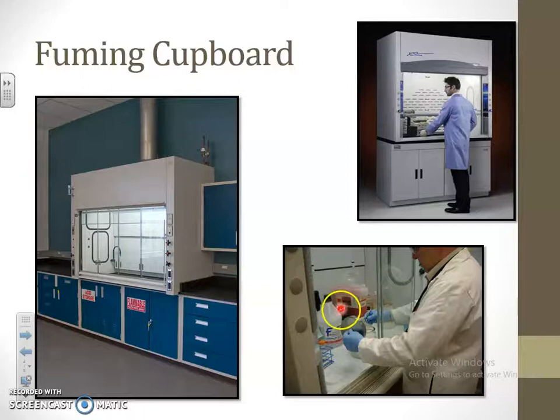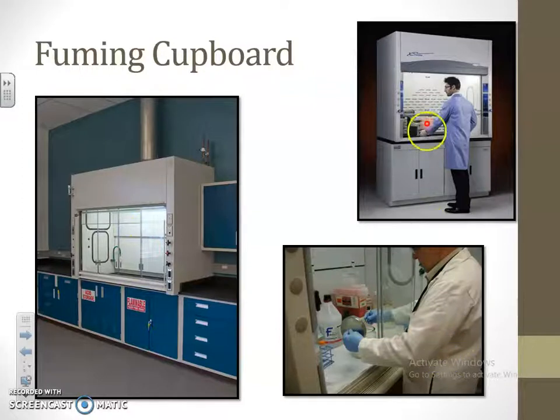He can handle the fume-forming chemicals kept inside the chamber, add reagents, and perform fume-forming reactions within the chamber. If fumes form, they are expelled out through the exhaust system, and no fumes will be exposed to the person.